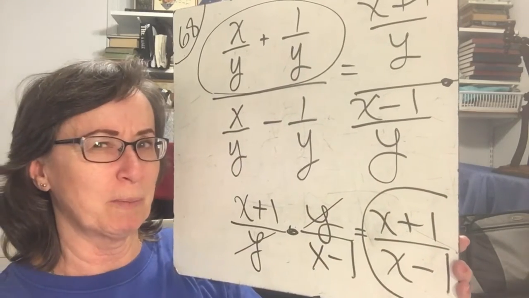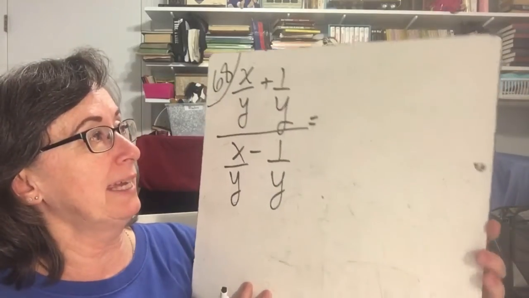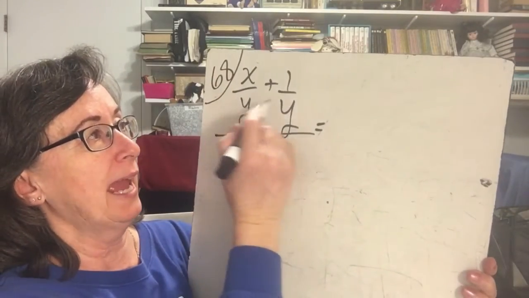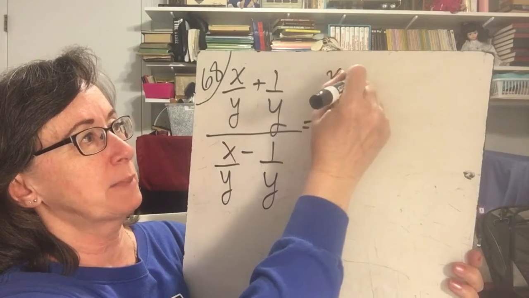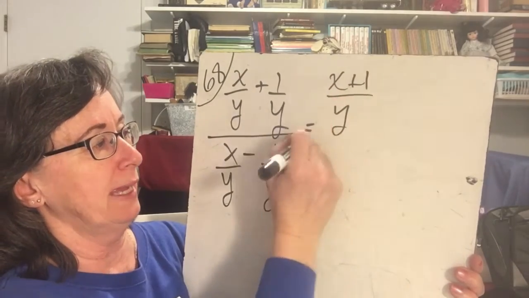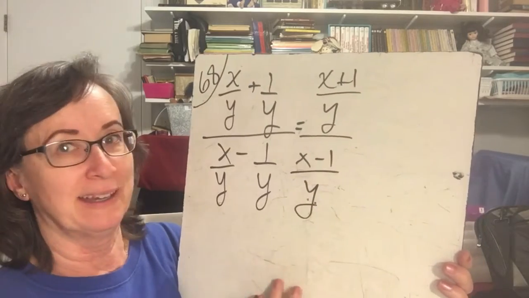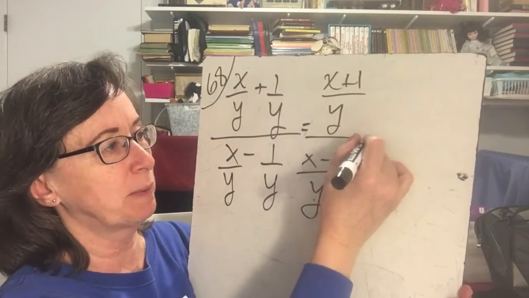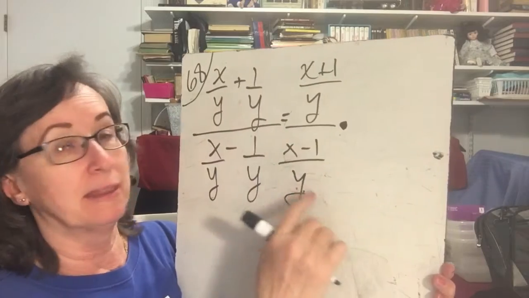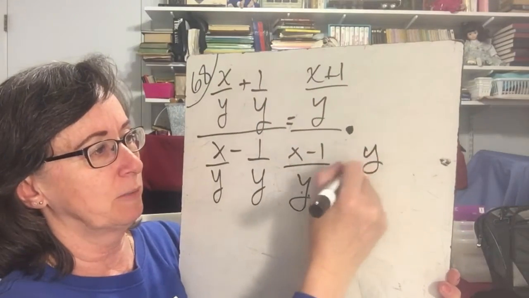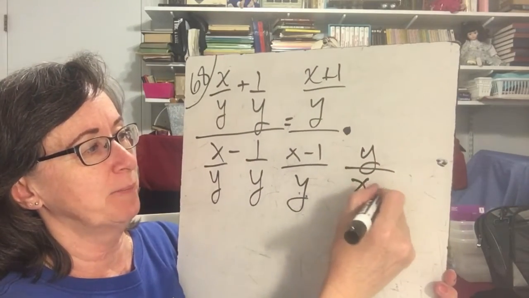And I'm going to do it one more way. So starting back here, if we added these two together and got x plus 1 over y and x minus 1 over y, and then we multiplied by the reciprocal, which is what I told you about last time.